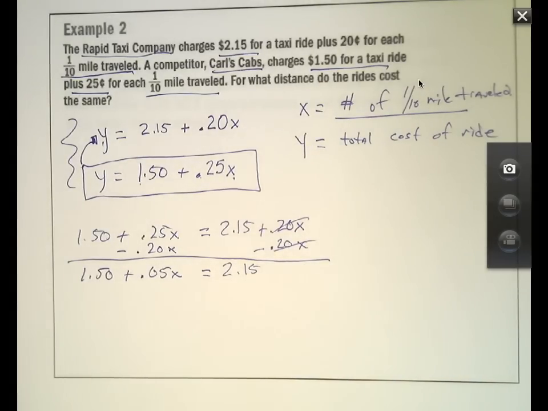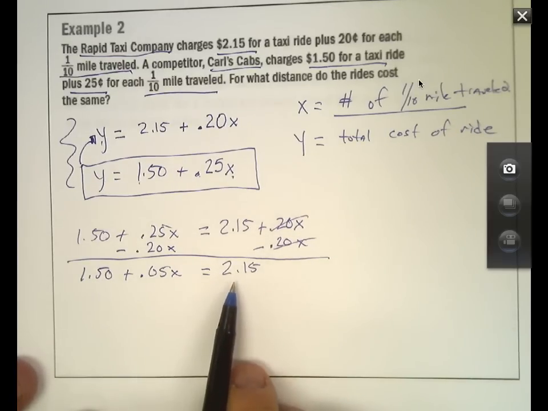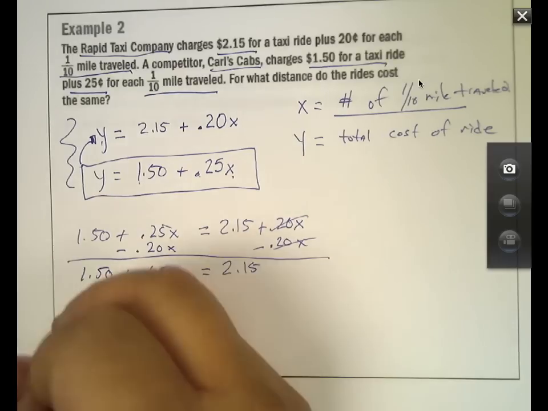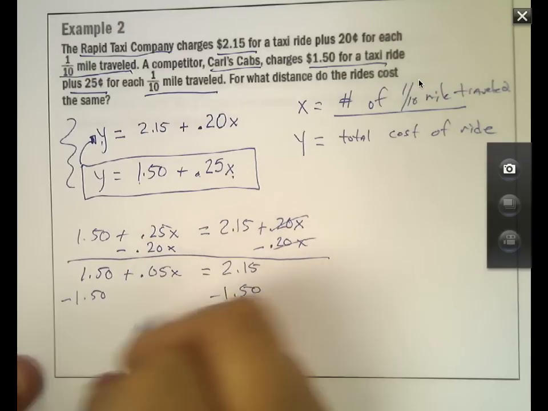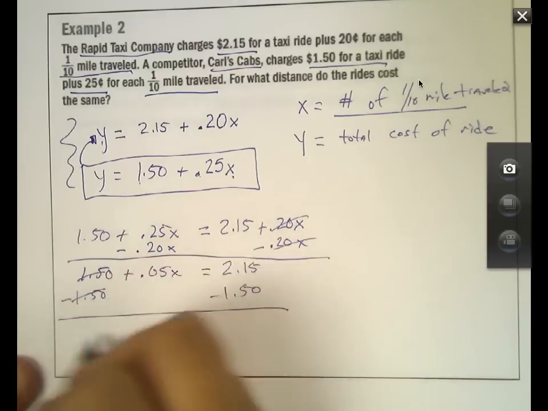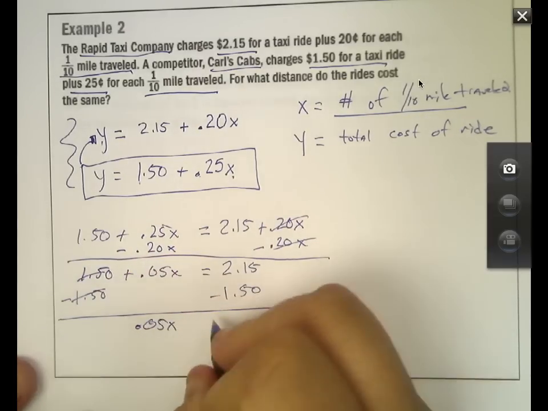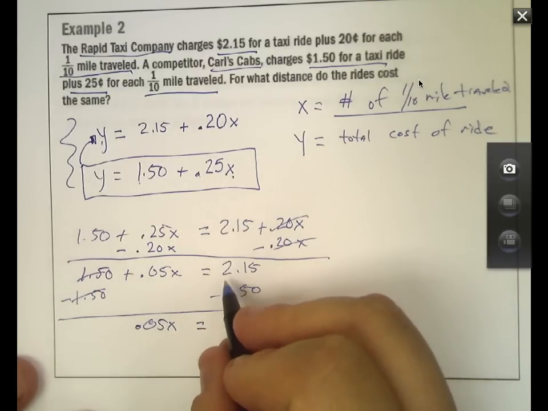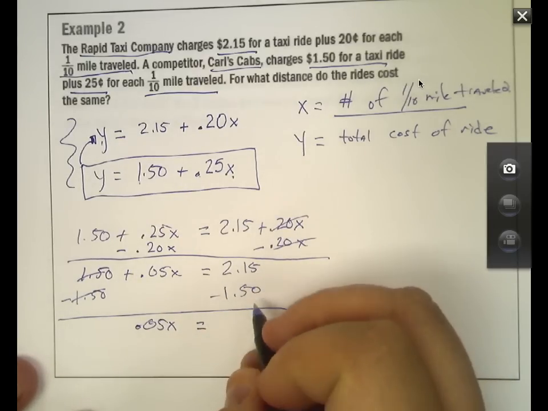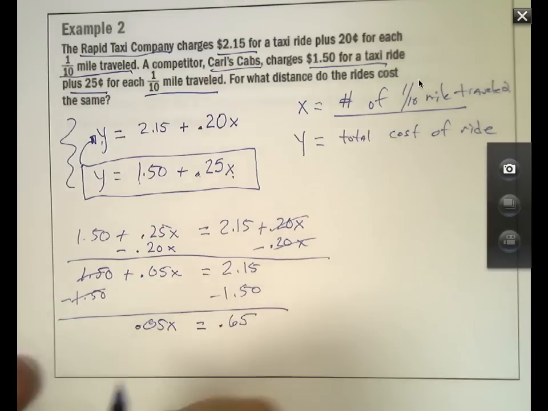Okay, now I need to move my $1.50 over to the right. So the inverse of adding $1.50 is subtracting $1.50. Whatever I do to one side, I do to the other side. Leaves me with 0.05x is equal to, okay, $2.15 minus $1.50 is, as we said before, 65 cents.